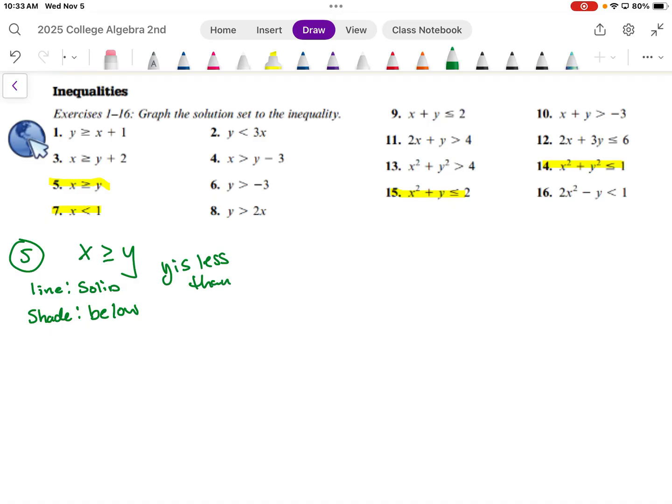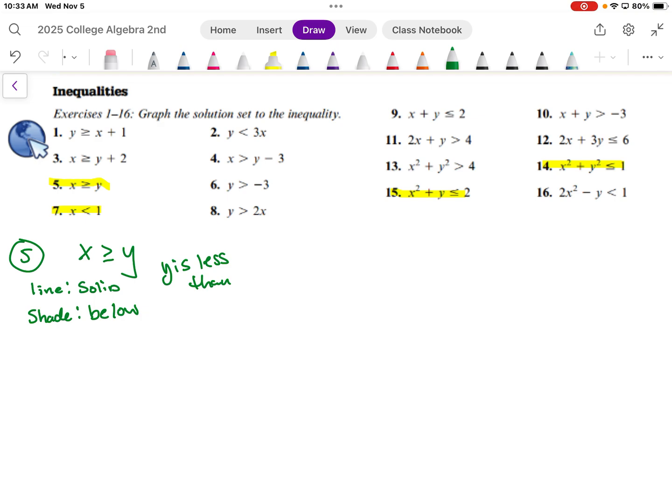We always pronounce it as y is what? In this case, y is less than or equal to x. It doesn't matter that it opens up to the x. When we go to graph, we get into slope-intercept form. It's not x equals, it's y equals. So y is the main subject of the problem.